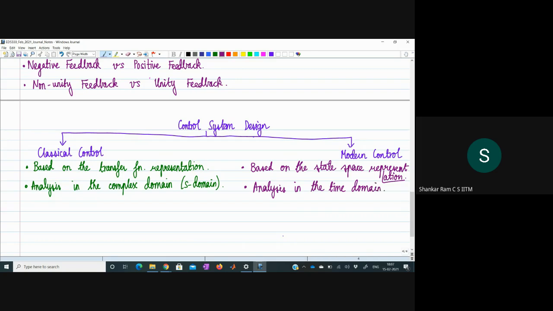If we look at how come there are these two broad categories, and why one is called classical and one is called modern, obviously one may get an idea that it has to do with the time period over which these techniques were developed, and immediately one can observe that classical control techniques came earlier, followed by modern control, right?